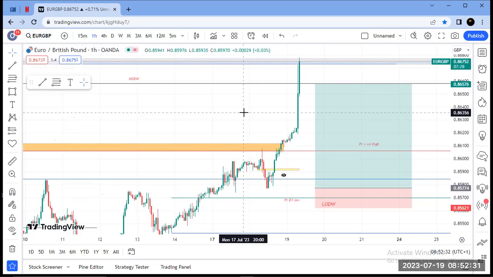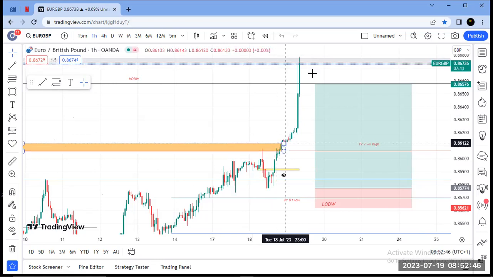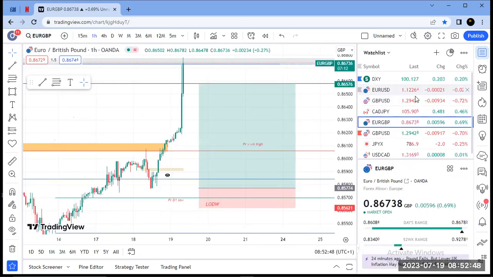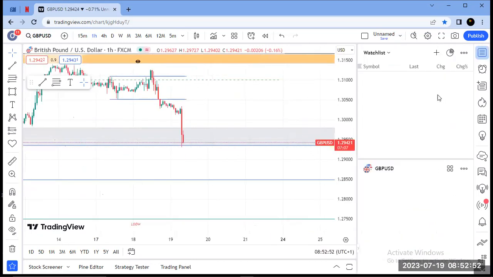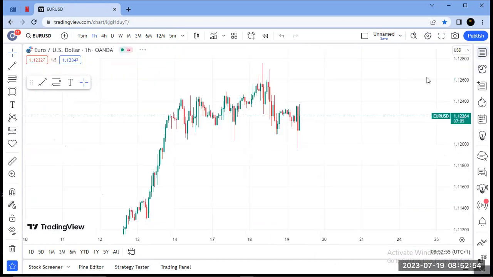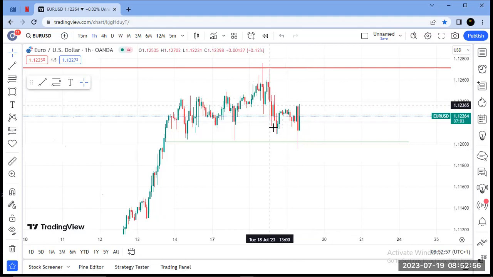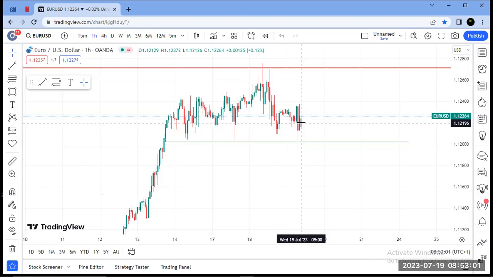If Euro GBP is bullish, you expect that Euro issue buy and the GBP issue consolidate, or Euro issue consolidate and GBP issue fall. So it was bullish. We saw the GBP sold down, and the Euro, what was it doing at that point? It was consolidating. So that's just how you are able to track that.